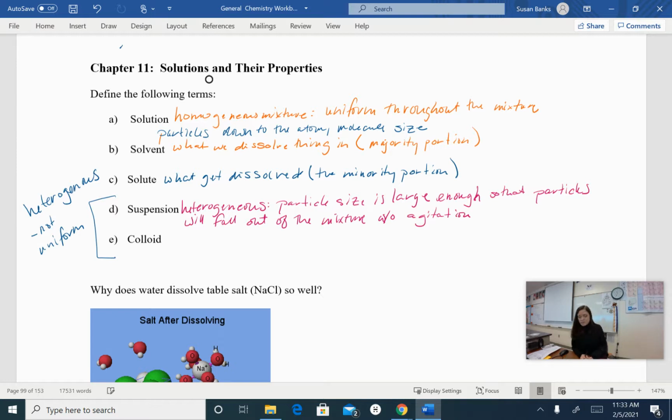Agitation is just a fancy word for saying stirring, shaking, some kind of mixing.